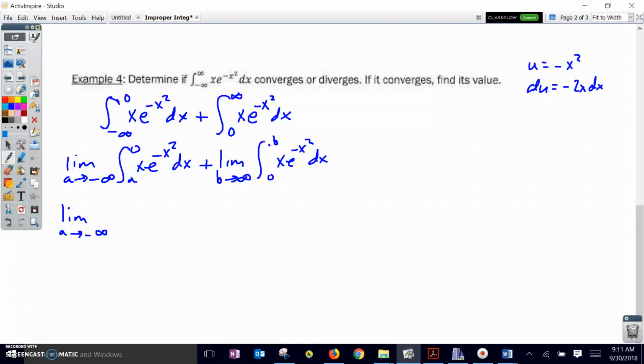And so x dx is equal to negative 1/2 du, and so I can replace that, and this turns into negative 1/2 e to the u du, and so the antiderivative is going to be negative 1/2 e to the negative x squared.